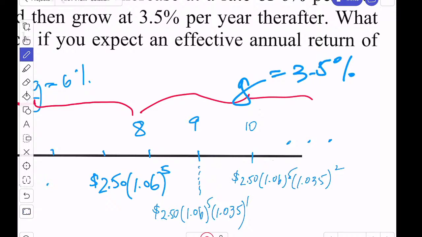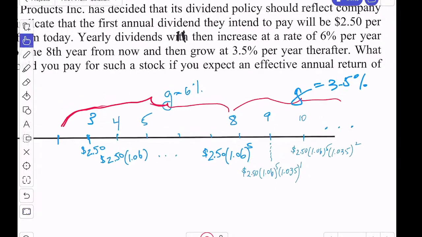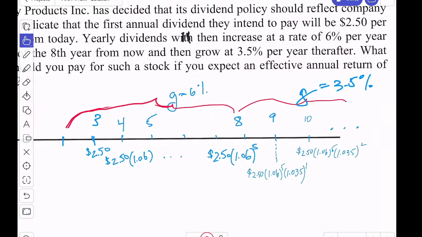So why did I do that? To show you that we need C1, right? The formulas require C1. C1 is the first one. So the first one for us at the beginning, I'll use black, would be our C1, first cash flow.